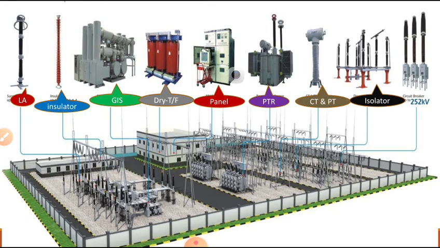That we have already seen. The next one is known as the circuit breaker, which is the main thing. It can operate the line under any condition, whether normal operating, no load, or full load, and even short circuit condition. That much capacity it has. These are the few components in a substation.